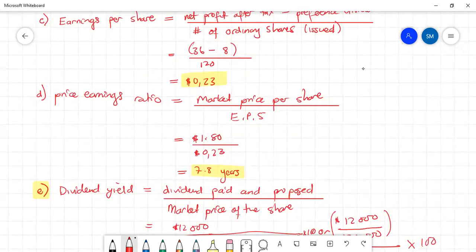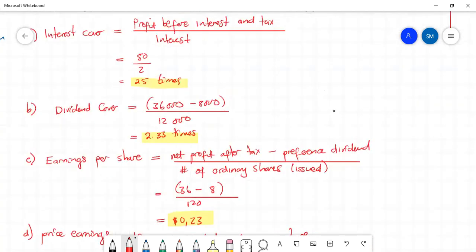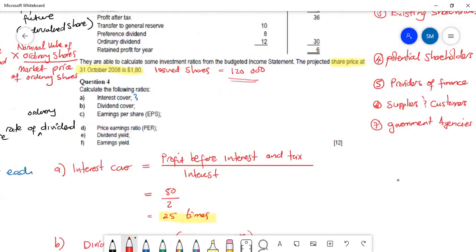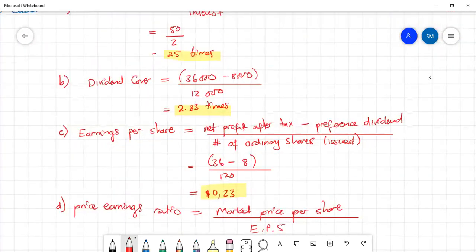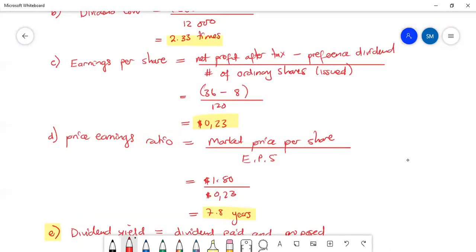Yes, sir. So your dividend paid and proposed, you simply get your 12,000. This is all the dividends that were paid and proposed.